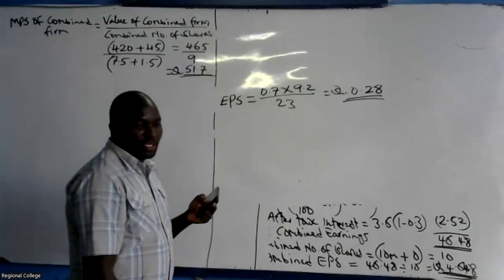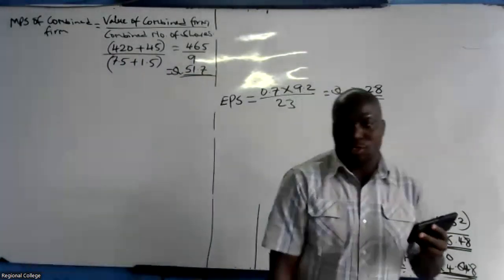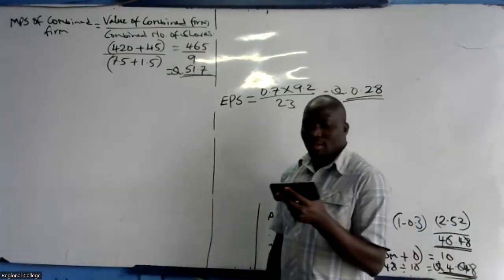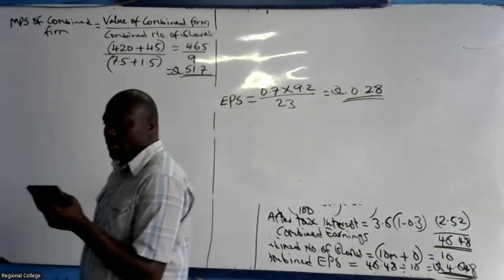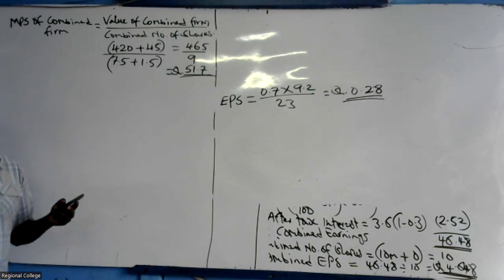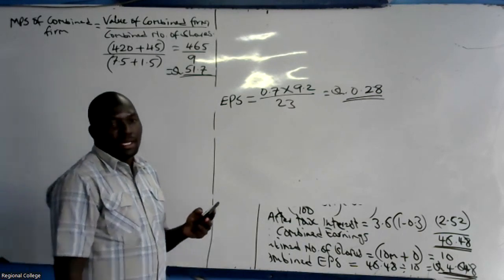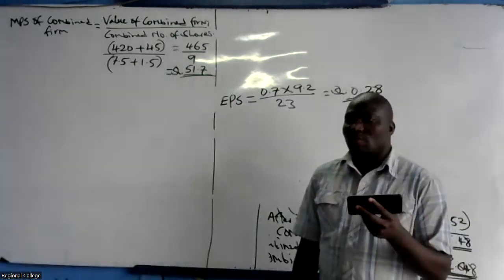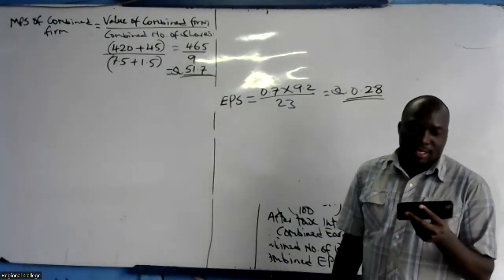So the exchange ratio has not yet come in; this is pre-acquisition. We just combine A with B: you put their values together and bring the number of shares together. So before acquisition, when we combine both firms, what is the total value per share?